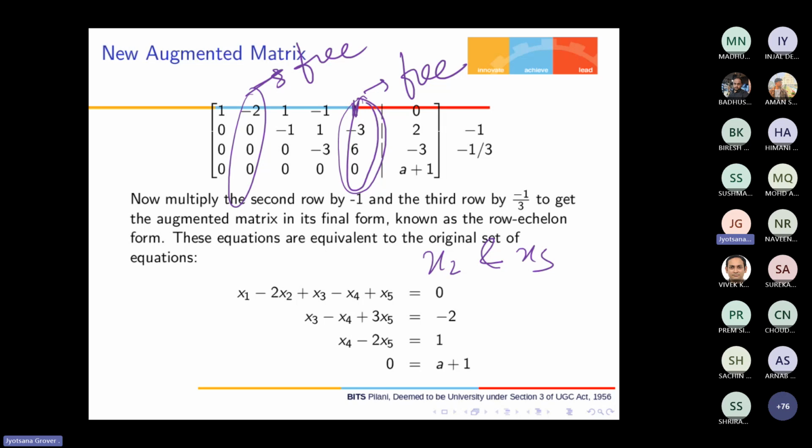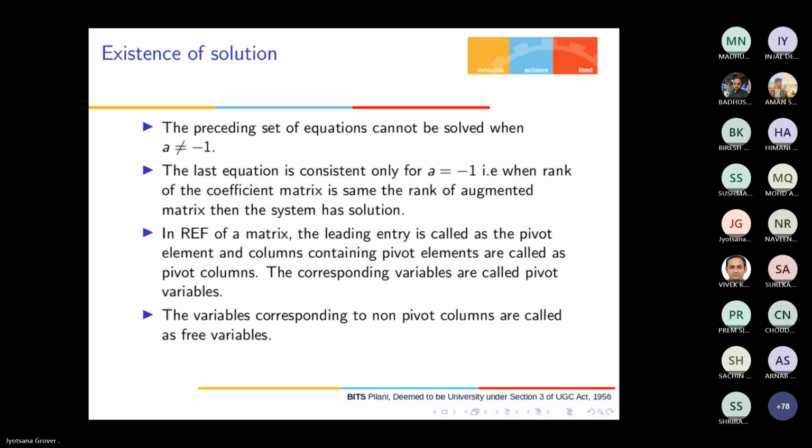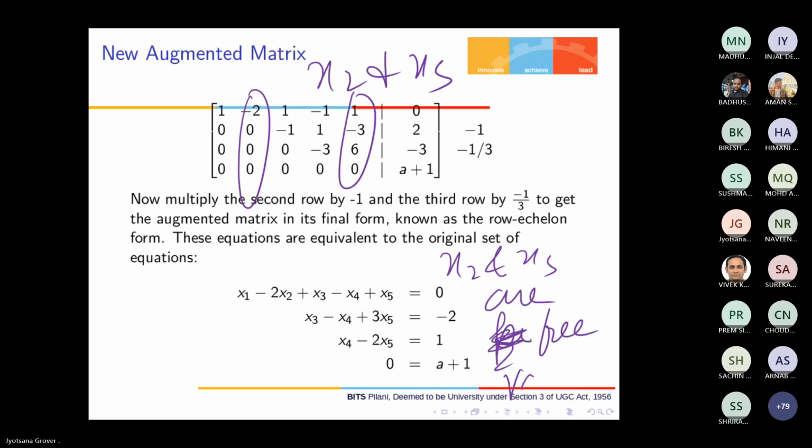One is not the leading entry of row 1, because this one is the leading entry. This is not a leading entry because this is the leading entry of row 2. 6 is again not a leading entry because -3 is the leading entry of row 3. Now 0 cannot be a leading entry. So that's why X2 and X5 are free variables. I think we have written it. You can note it down in your notebook. Is it okay now? Yes, ma'am.